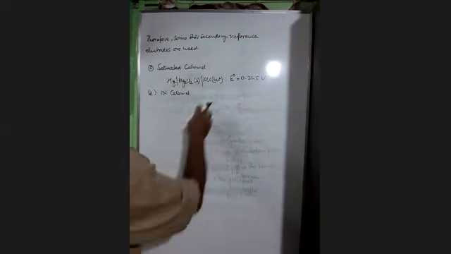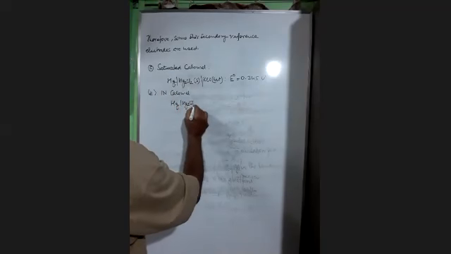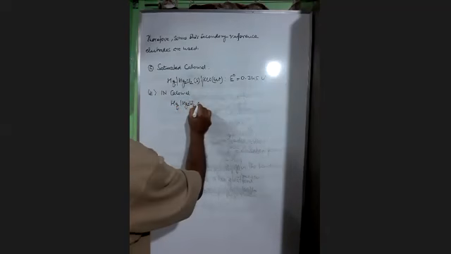Okay. And second one is 1 normal calomel. So here you don't take saturated, we take 1 normal. So here it is the same, Hg, Hg2Cl2.